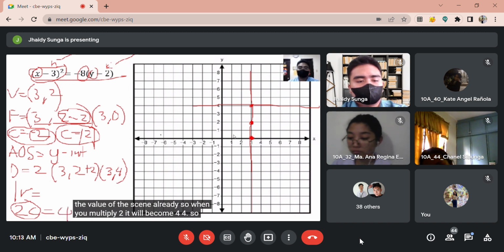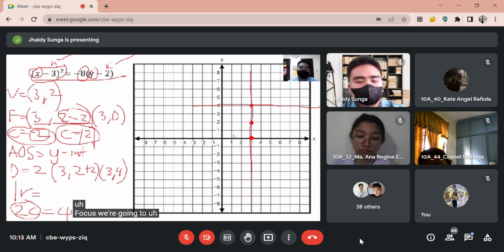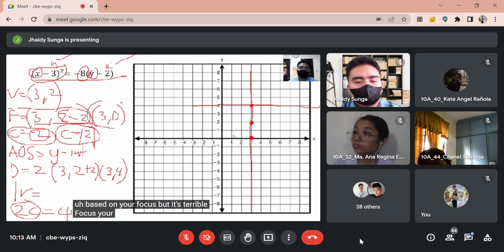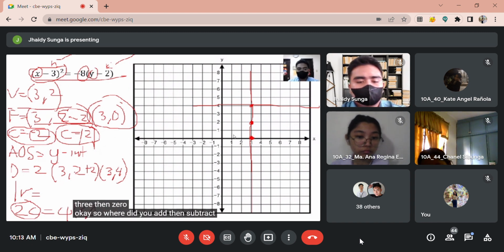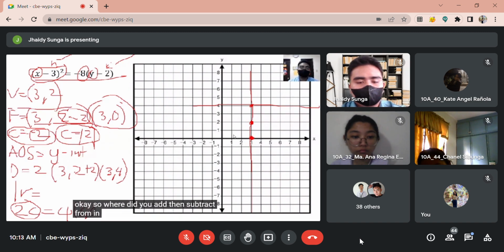So therefore, coming from your focus, what is your focus? Your focus is 3 and 0, 3 then 0. Okay. So where did you add and subtract the c from? The vertex, isn't it? From your vertex, you add and subtract the C in order for you to find the focus and directrix.